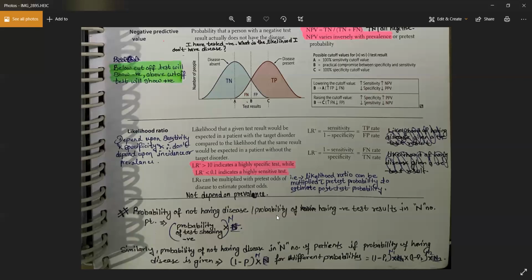Okay, so now whenever the question gives you, for certain patients, the chances of the patient having the disease, or the chances of the patient not having the disease, let us suppose they give you a table of certain age groups and the prevalence of a certain disease in these age groups. For example, in the 1 to 10 years age group, the prevalence of a certain disease is 10 among 100, so 10%.